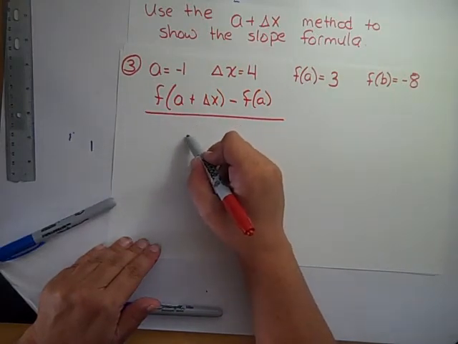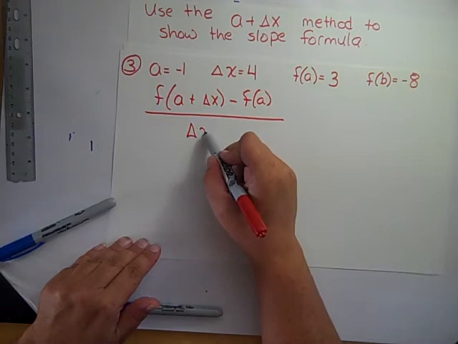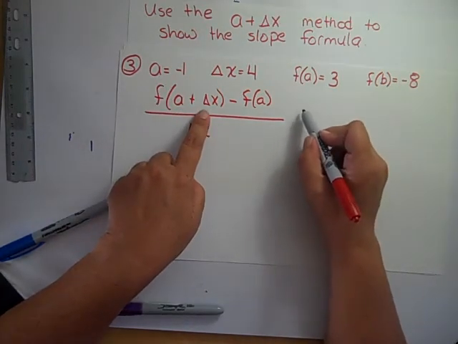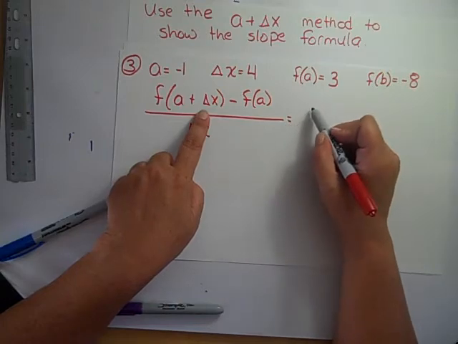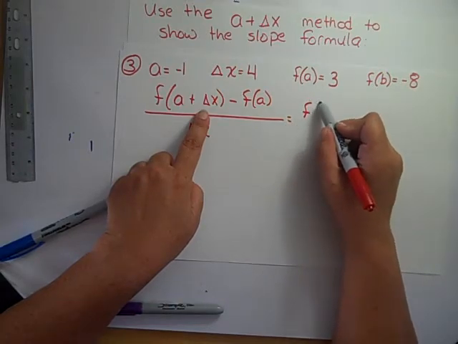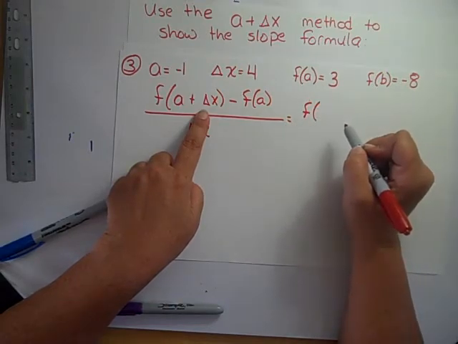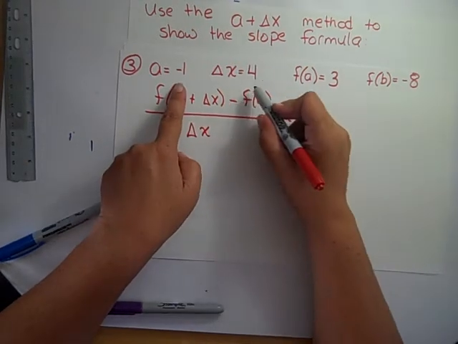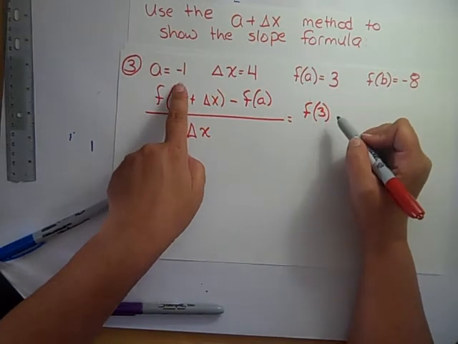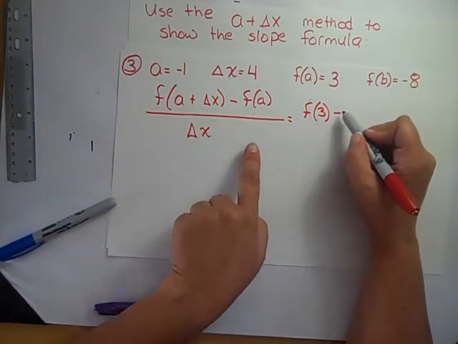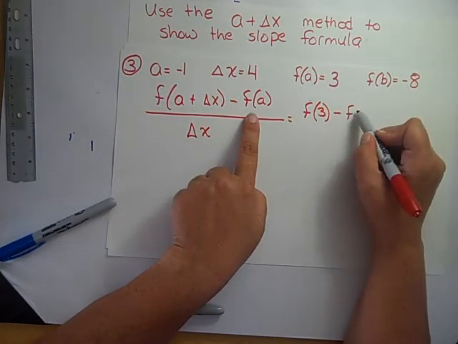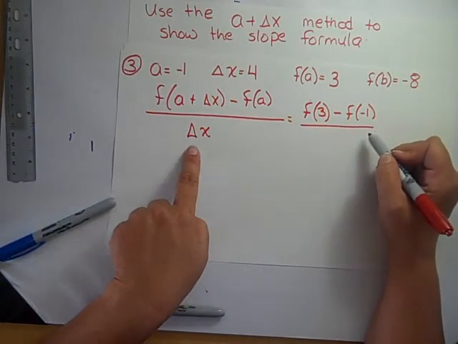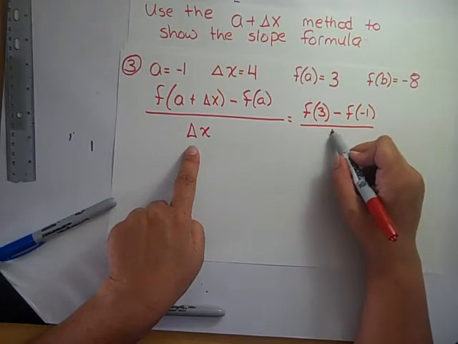So a is -1, delta x is 4. So we have f of 3, minus f of a, which would be f of -1, over delta x, change in x, which is 4.